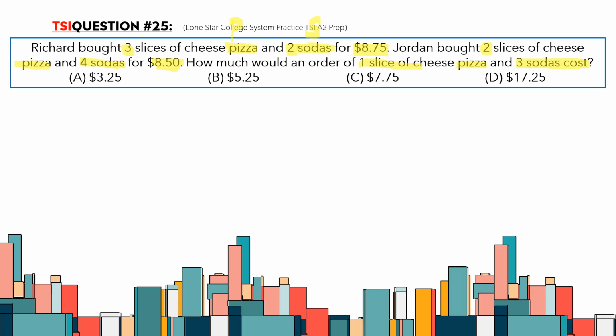Okay, let's write that down. We have 3 pizza added with 2 soda, equal to $8.75. The letter P stands for the cost of 1 slice of cheese pizza, and the letter S stands for the cost of 1 can of soda.